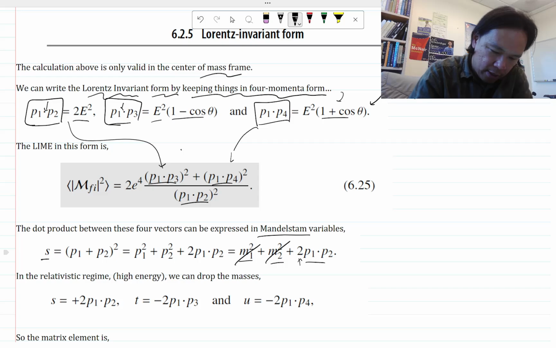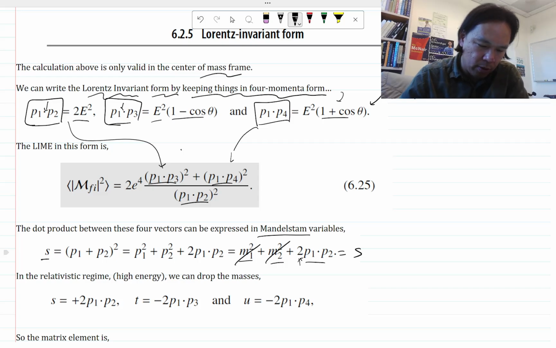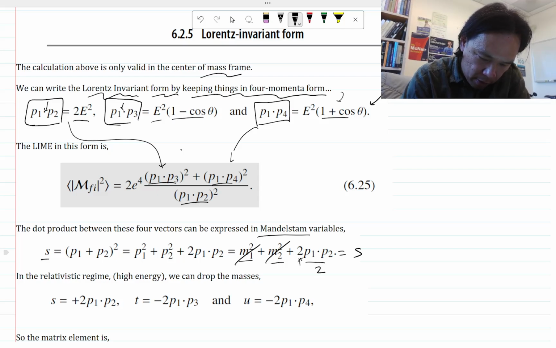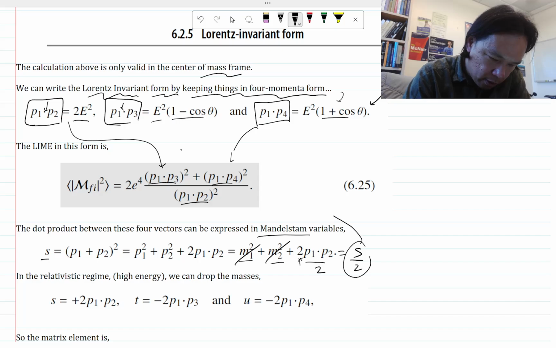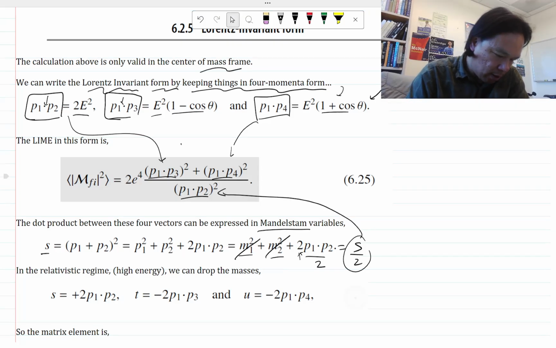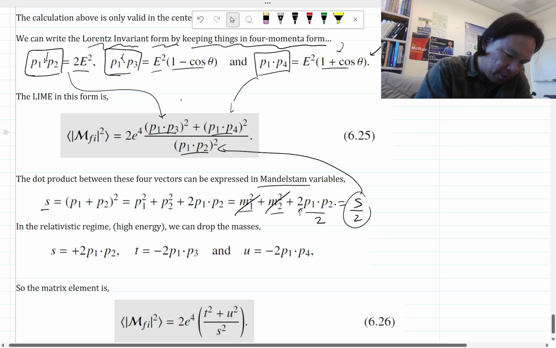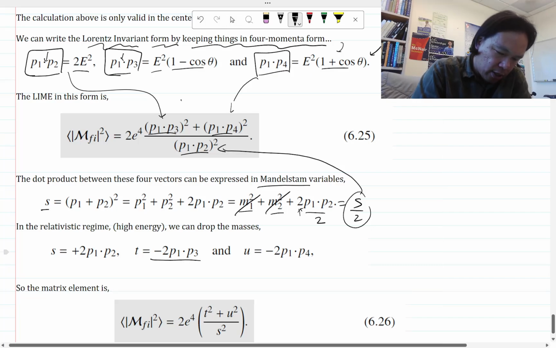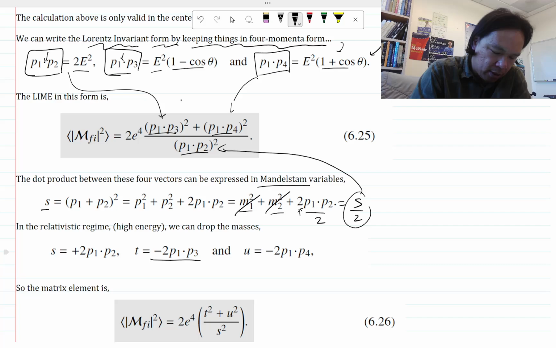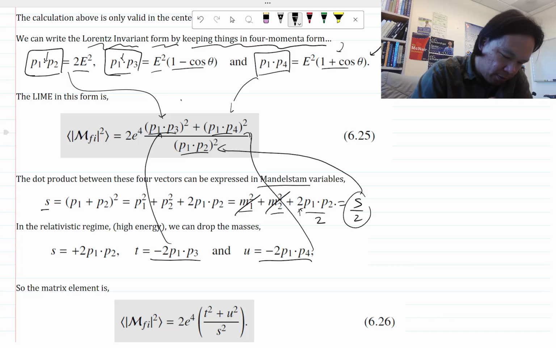So s is equal to 2 times P1.P2. If we divide this by 2, we can replace this with that. Similarly, the t-channel Mandelstam variable is going to be -2 p1.p3, and u is going to be -2 p1.p4. So you can do all these substitutions up here.